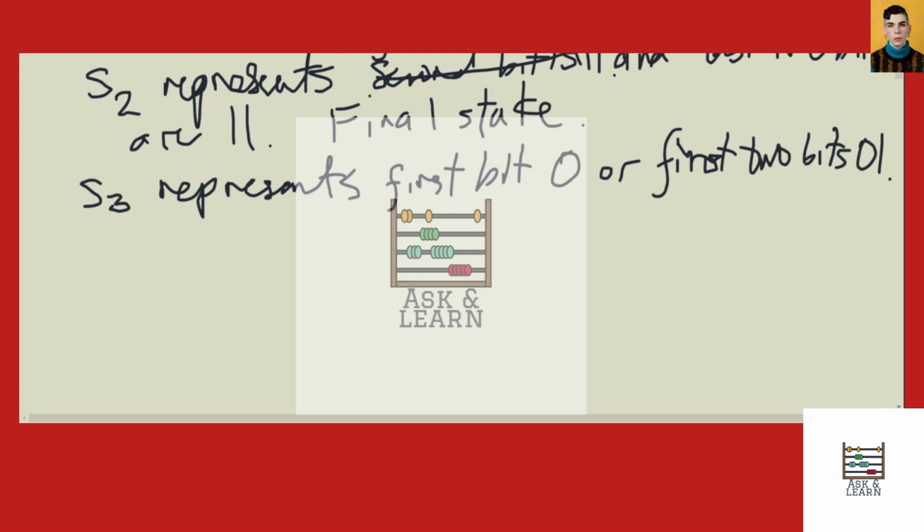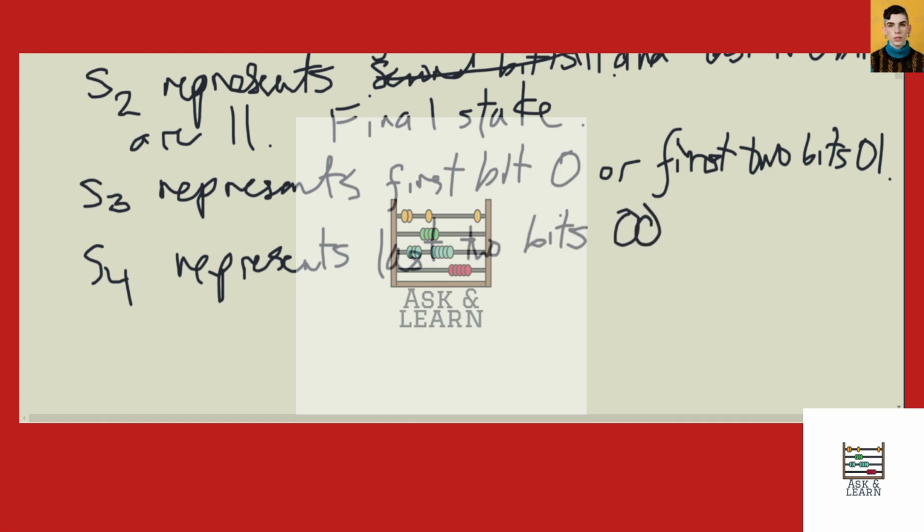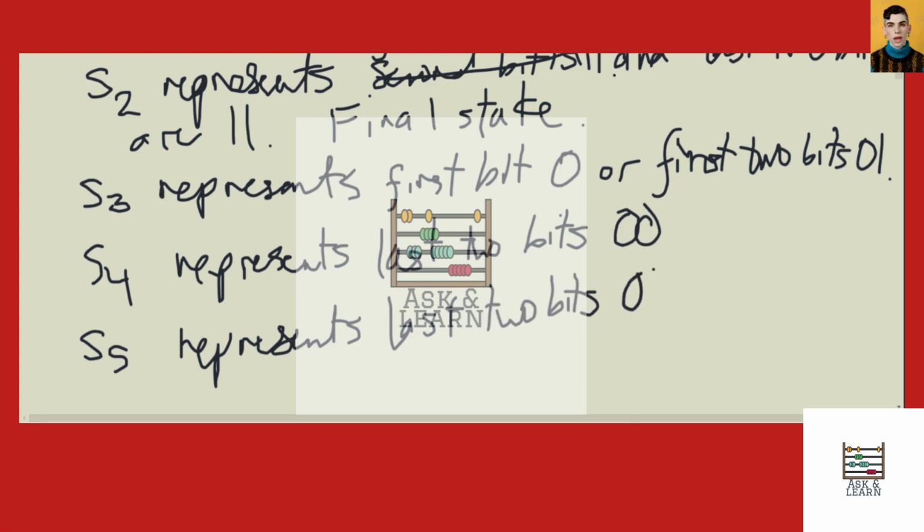S4 represents that the last two digits are 0, 0, in case the first two bits are 1, 1. And S5 represents the last two bits are 0, 1, again in case the first two bits are 1, 1.